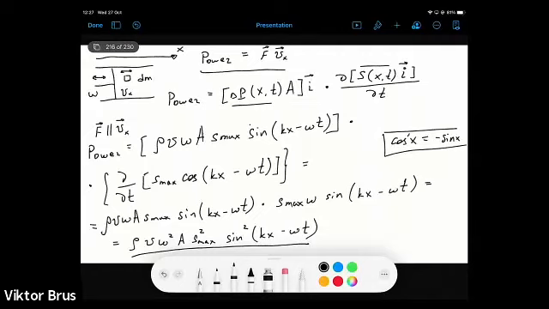So we can pick some fixed position, and convenient would be to pick, let's say, x equals 0, to make it easier for us. And we have this time dependence.